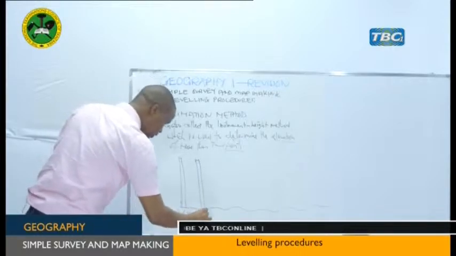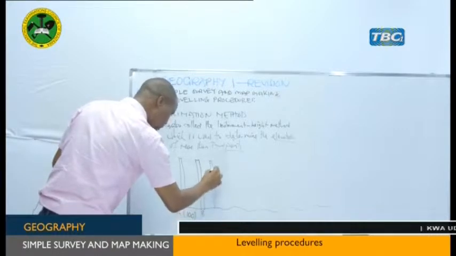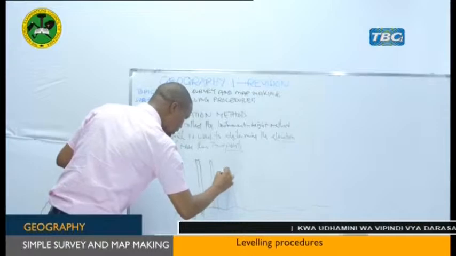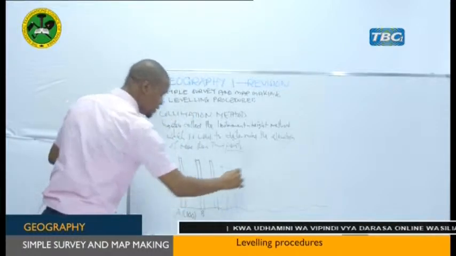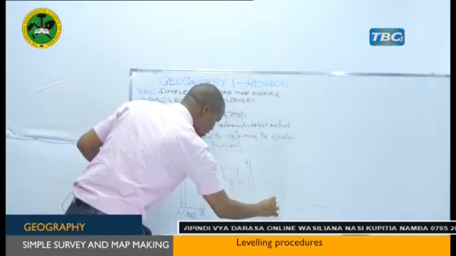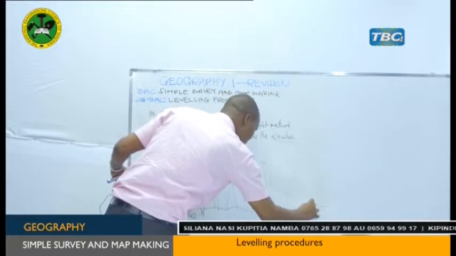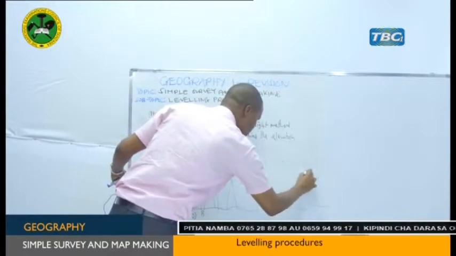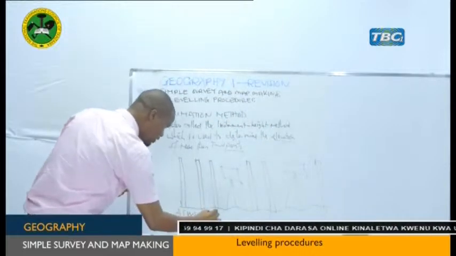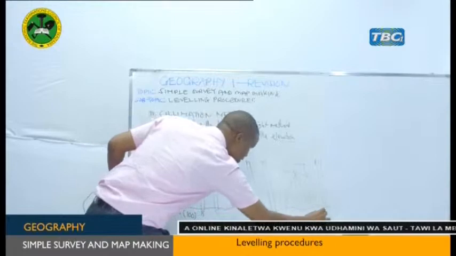Let's say this is point B. Then you'll see another leveling staff, and then the leveling instrument right here. Then you may see another leveling staff, and another instrument level, etc., like this. And we have different points: C, this is D, this is E, and this is F.